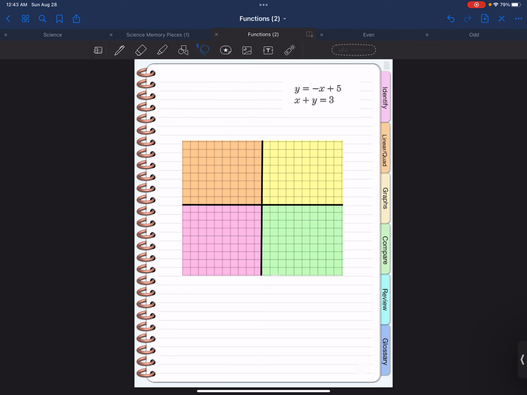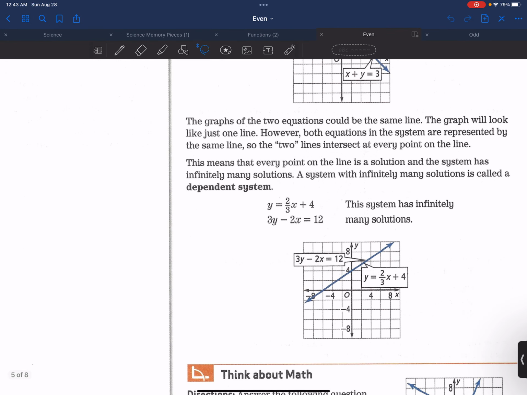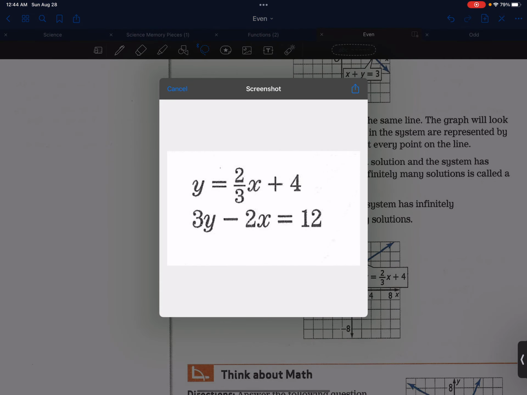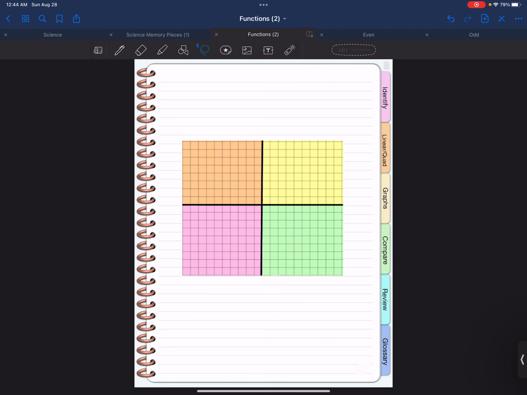You'll see what I mean. So let me go back to the worksheet and get the example from page 174. This one is called a dependent system. Take a screenshot and bring it over to a graph sheet. And let's see what we can do here.